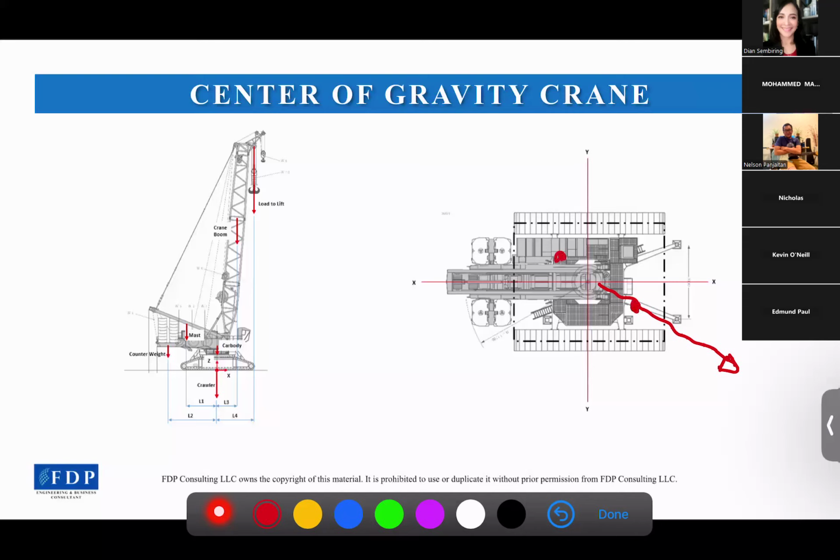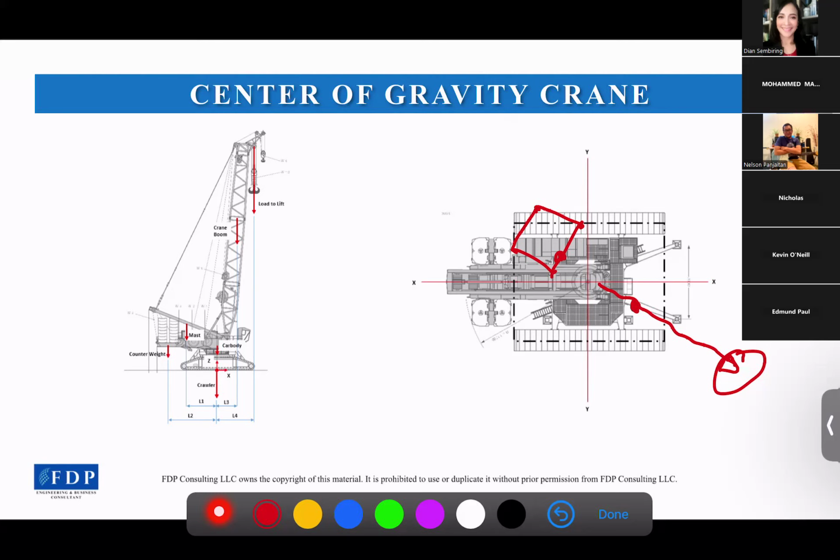It depends on which load is dominant: either the load to lift here, or the counterweight at the behind. And then the tracks which are close to the COG will get the biggest pressure.